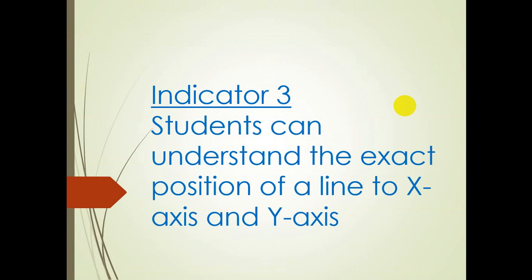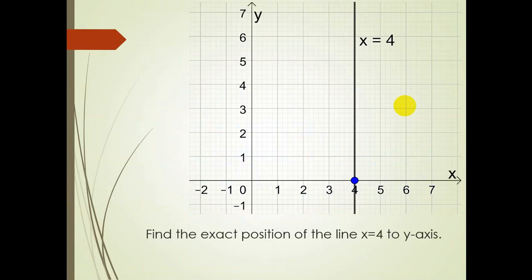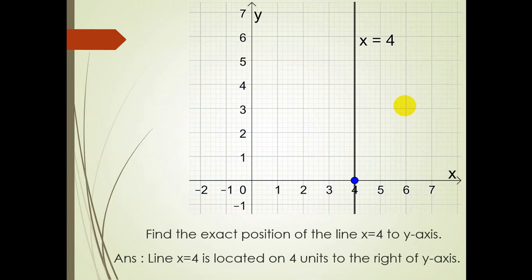Indicator number 3. Students can understand the exact position of a line to the x-axis and y-axis. Look, find the exact position of the line x equals 4 to the y-axis. Now the answer is line x equals 4 is located 4 units to the right of the y-axis. Just count it like this: 1, 2, 3, 4.